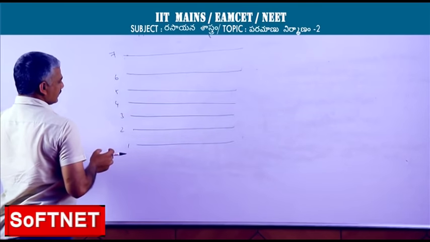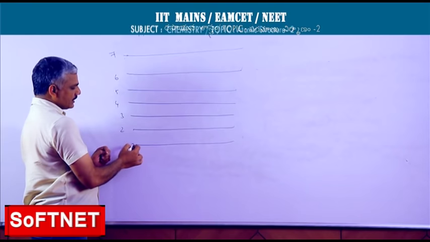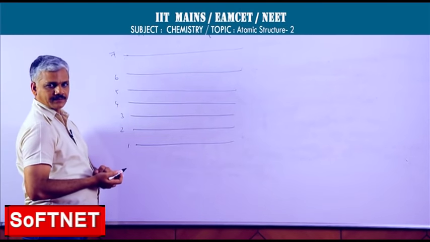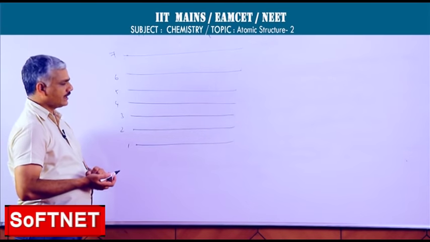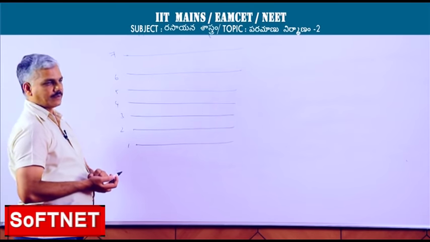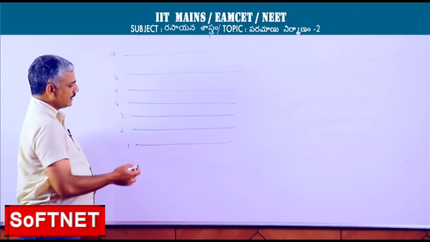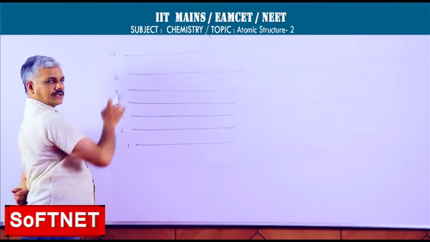So, in hydrogen, the electron will be initially present in the first orbit. When energy is supplied to it in the form of heat energy or electrical discharge, by absorbing the energy, the electron can move from its original orbit to a higher orbit.